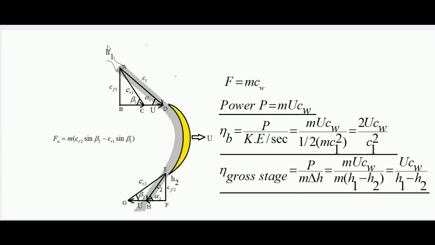The enthalpy at the inlet of nozzle, not outlet. At the inlet of nozzle suppose it is H1, and at the outlet of blade suppose it is H2. So H1 minus H2 into m is the enthalpy input to the stage per second, and m U Cw is the power developed. We can cancel this m, so U Cw upon H1 minus H2 is the gross stage efficiency of this system.